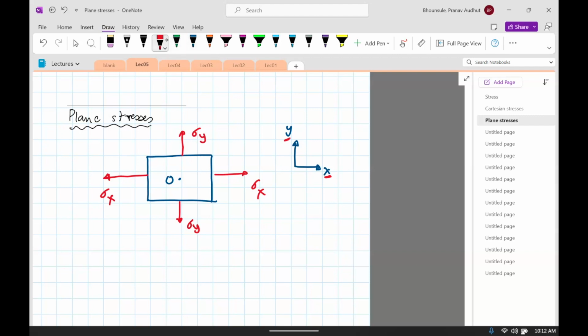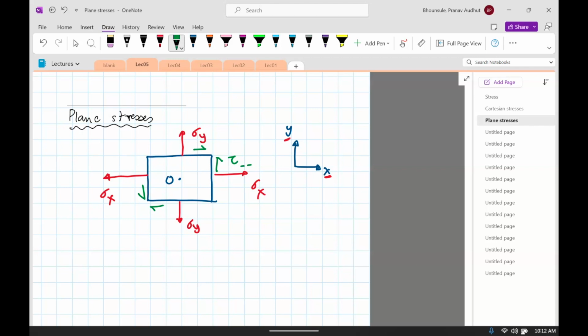The second thing is the shear stress. Now this is probably a little bit harder. There's a tau here, and I need to put two things here, a first part and a second part. The first part gives me the plane over which that stress acts.